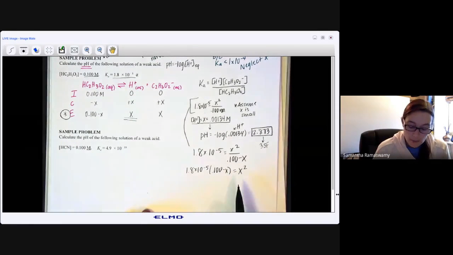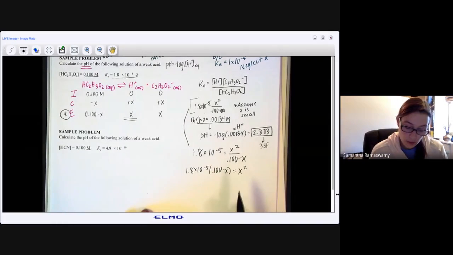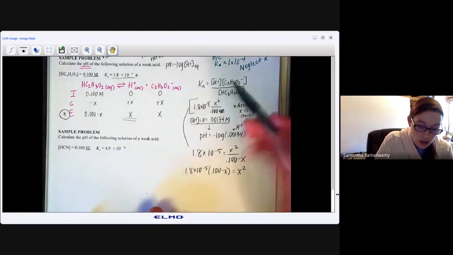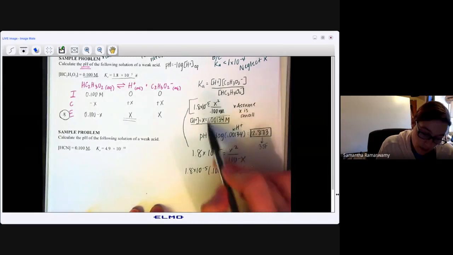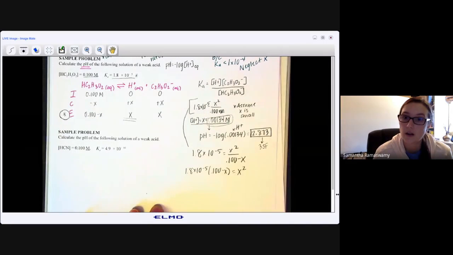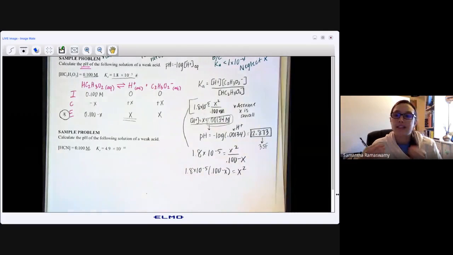Well, what we can actually do is, because all of our values are so small, when I solve for x here, it was 0.00134. What we're doing when we're neglecting x is assuming that x is a very small number.